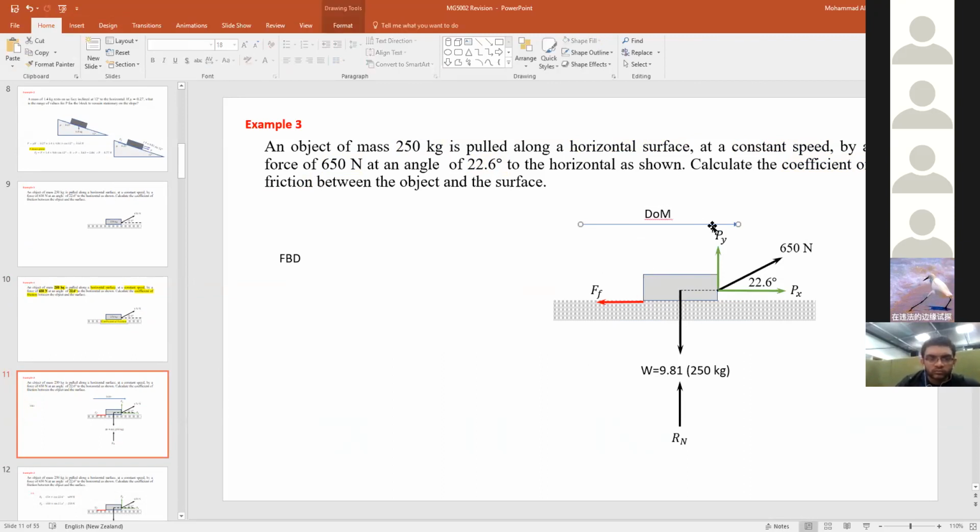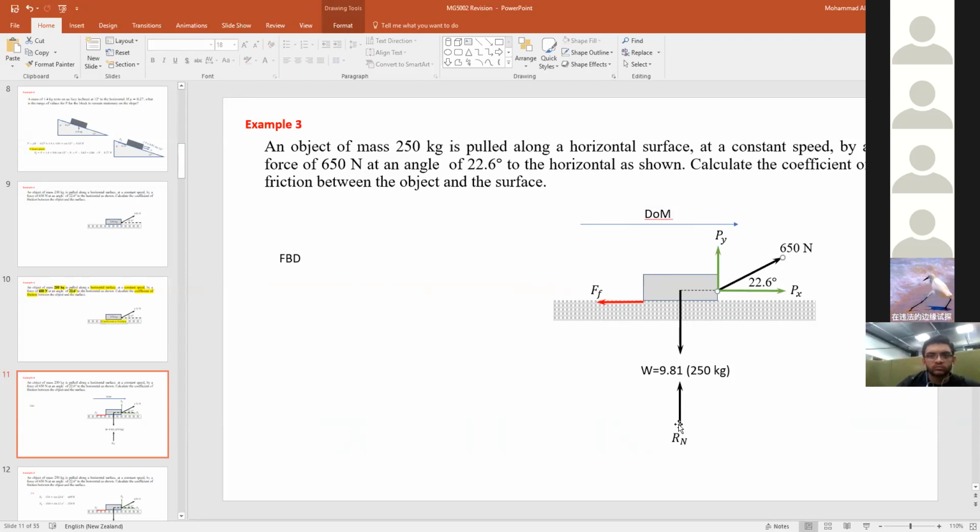This direction of motion tells me that the friction force is always opposite to it. Therefore, to draw the free body diagram, I need to allocate this external force of 650 newtons with the angle 22.6, and I will allocate the weight of the object, mass times gravity acceleration.